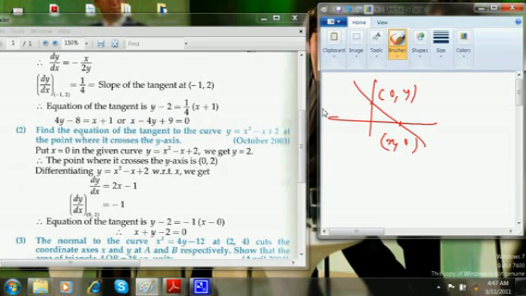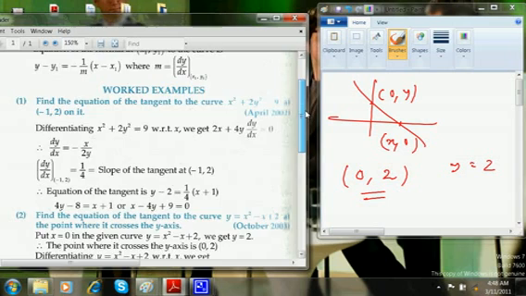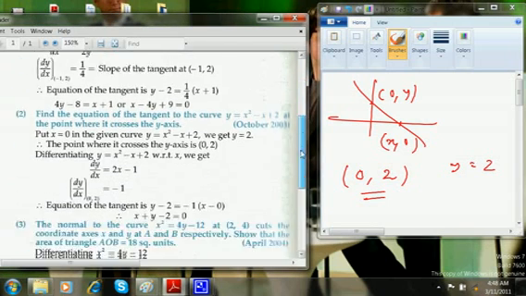At the point where it crosses the y-axis basically means x is 0. So put x as 0. Y is 0 square minus 0 plus 2. So putting x as 0, you will get y as 2. So this is (0, 2). That's it. After that the question very much becomes the previous question.